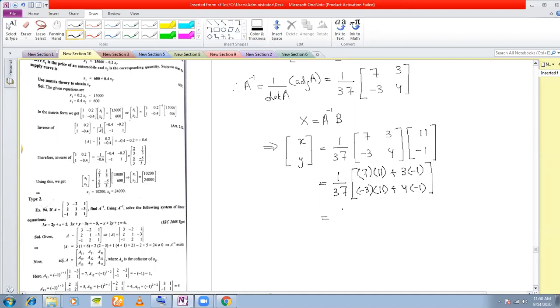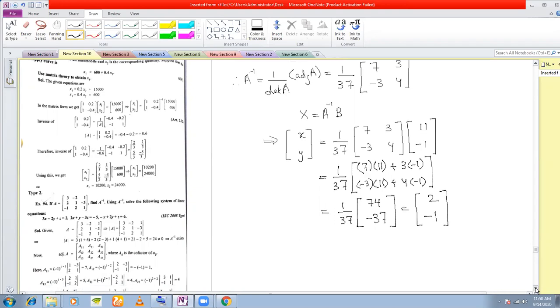So you get 1 by 37 times 77 minus 3 is 74, and minus 33 minus 4 is minus 37. So if you now multiply 1 by 37 with all this, 1 by 37 into 74 is 2. And this is minus 1.